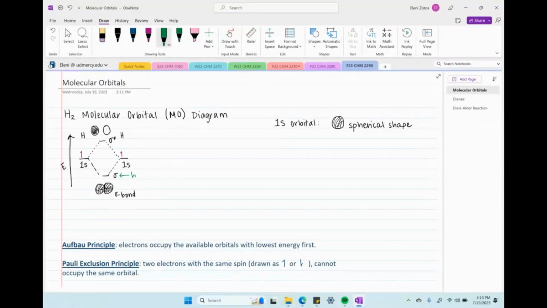So here we have a bonding molecular orbital, and here is an anti-bonding molecular orbital.